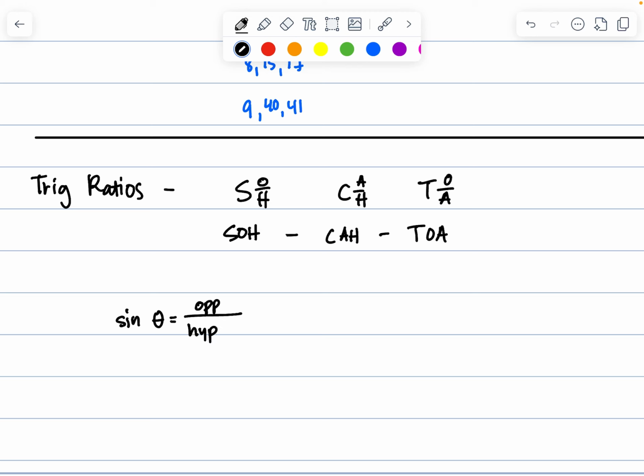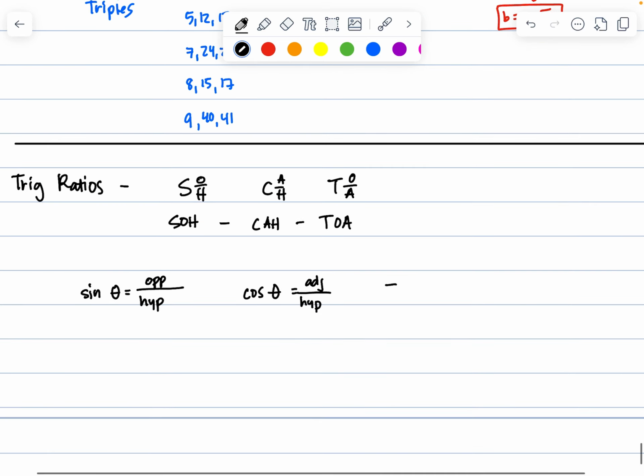I'm going to shorthand this because hopefully you've seen this before. Cosine of theta, remember theta is just an angle, is always equal to the adjacent side, ADJ, over the hypotenuse. And last but not least, tangent of theta is always equal to the opposite over the adjacent.